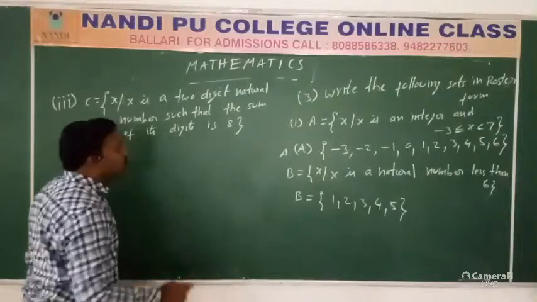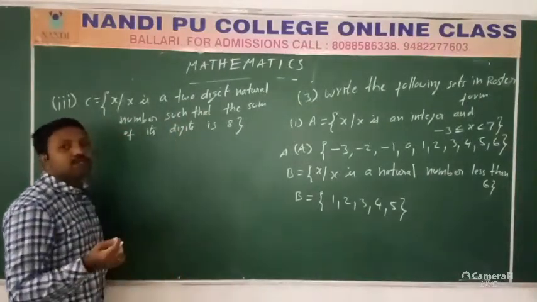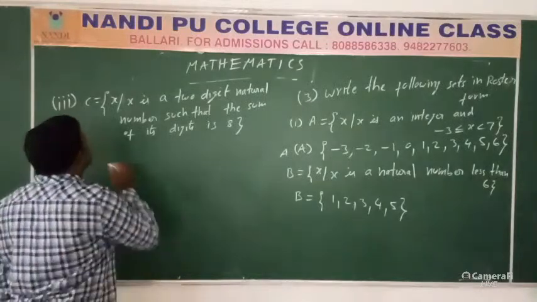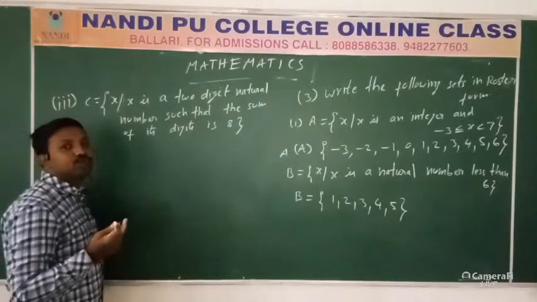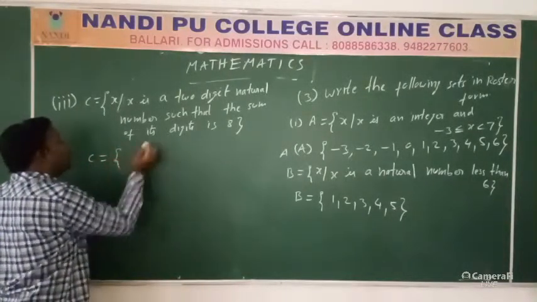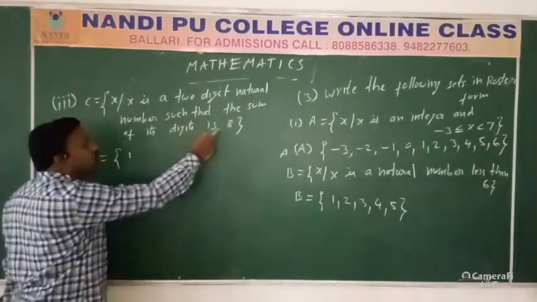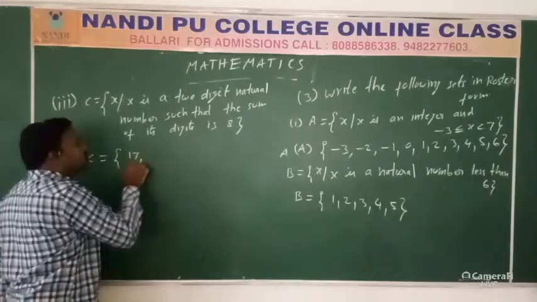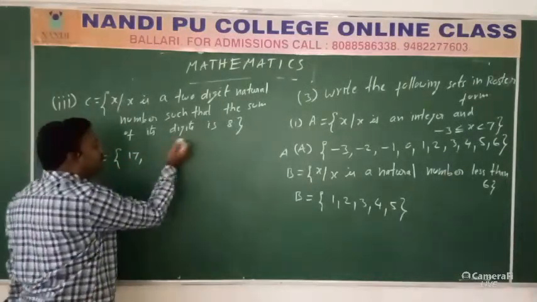So we have to choose 2-digit numbers here. What is the least 2-digit number? It is 10. But if you add the 2 digits, you should get 8. If you write 1, what number do you have to write so that you get 8? 7. 1 plus 7 is 8.